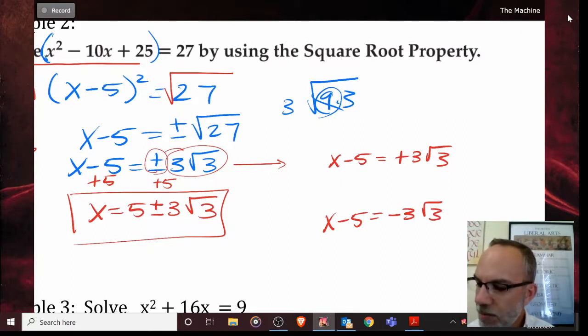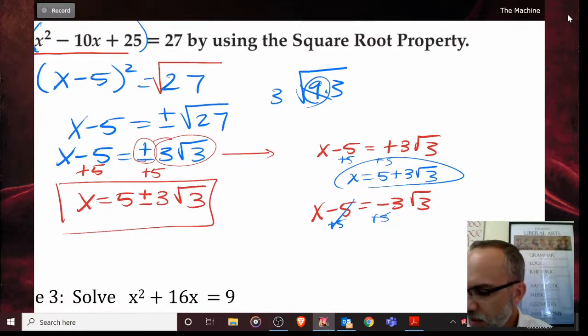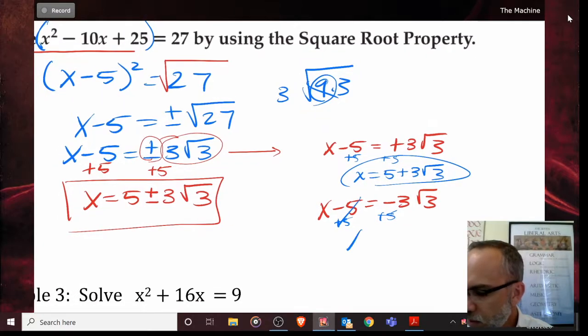And then when you solve each one of these individually, add 5, you get x is equal to 5 plus 3 root 3 as one solution. And then add 5, and they're not like terms because the 5 itself doesn't have a root 3. You get x is equal to 5 minus 3 root 3. And that's a separate solution.